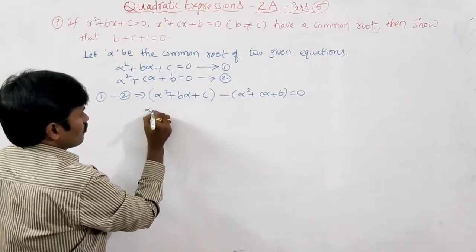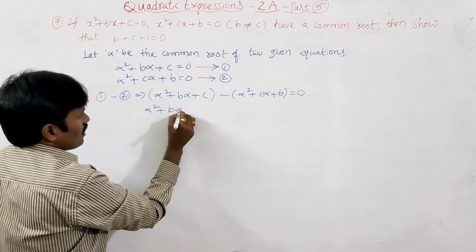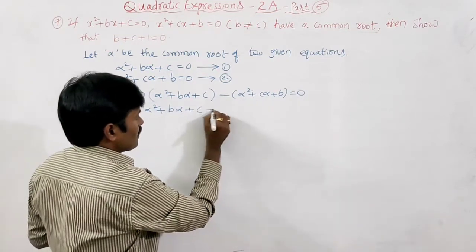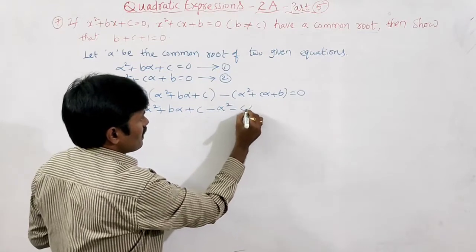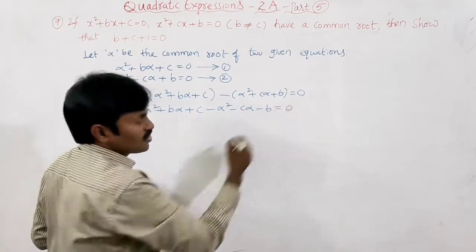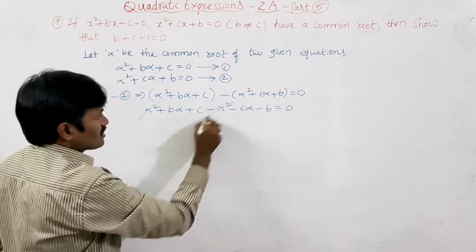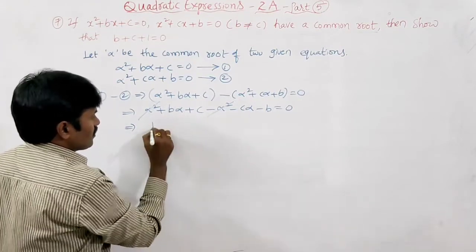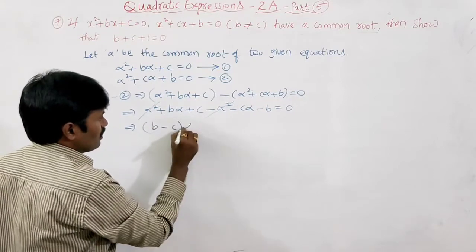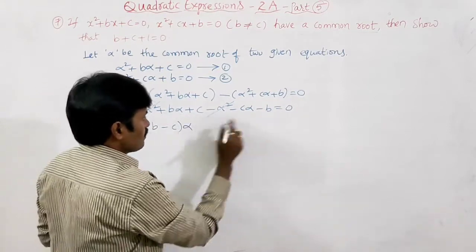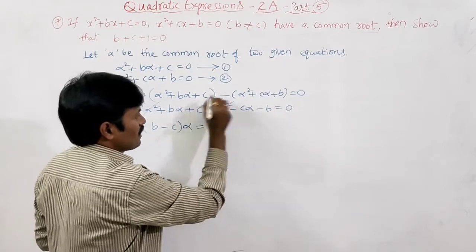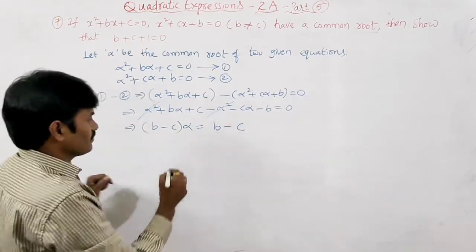So if you remove the brackets, alpha square plus b alpha plus c, before the bracket here is minus, so minus alpha square minus c alpha minus b is equal to 0. So alpha square minus alpha square is 0. Then b alpha minus c alpha is b minus c into alpha. Am I correct? Plus c minus b can be written as sending minus b to the other side, plus b, plus c to the right hand side, minus c.